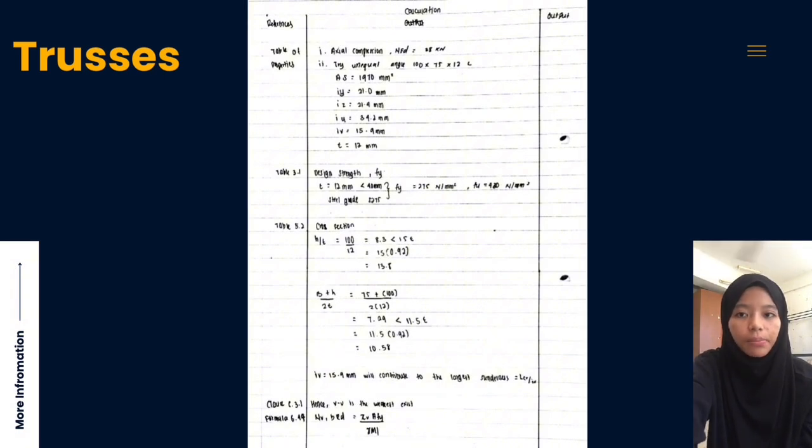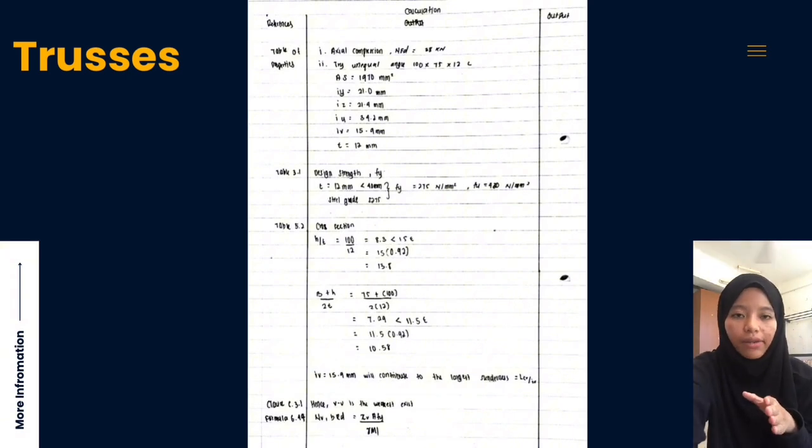So table 3.1 design strength Fy, where T is 12 millimeter, must be smaller than 50 millimeter. So the steel grade is the same, S275, Fy equals 275 Newton per millimeter square, Fu equals 420 Newton per millimeter square.